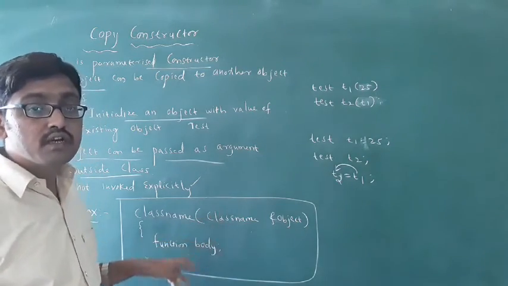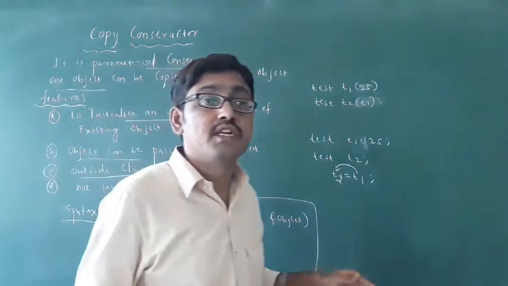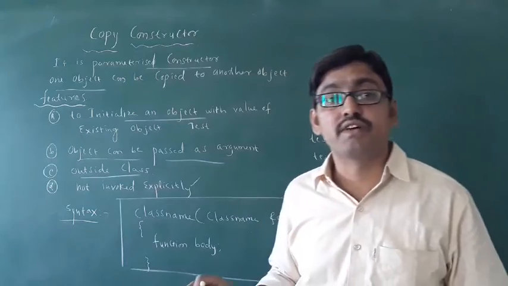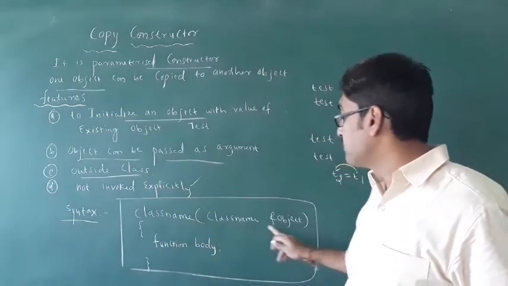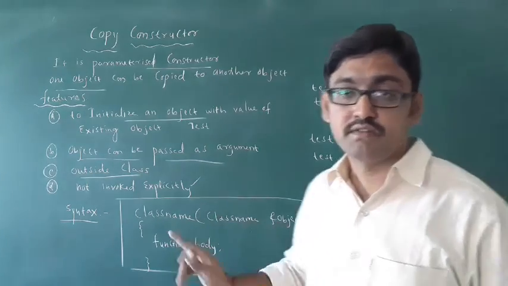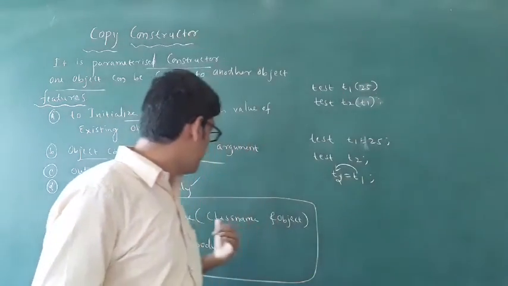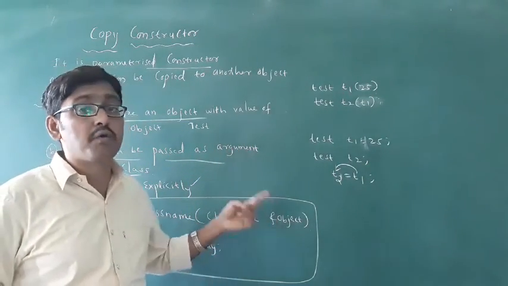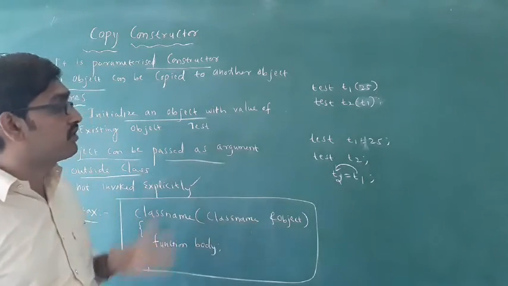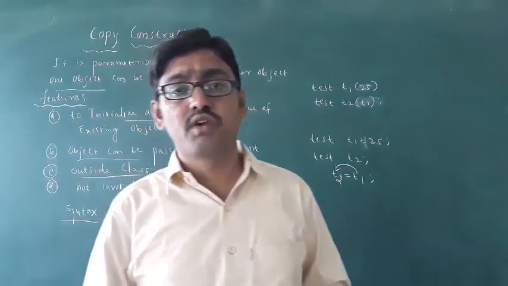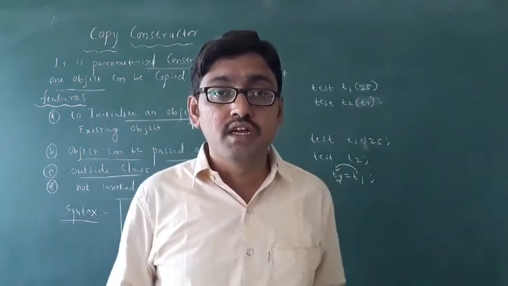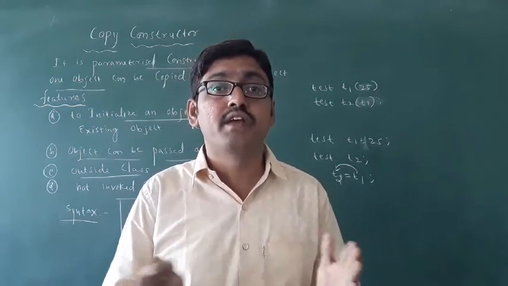This is asked many times in examination for 2 marks: write the syntax of a copy constructor. See the class name and object, you have to practice this. This is the syntax of a copy constructor. So you have to write a program, then you can understand very clearly about a copy constructor.